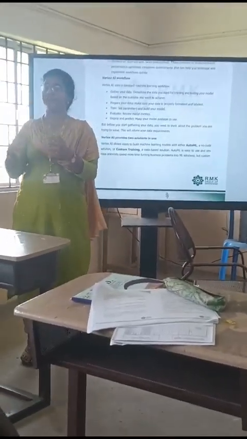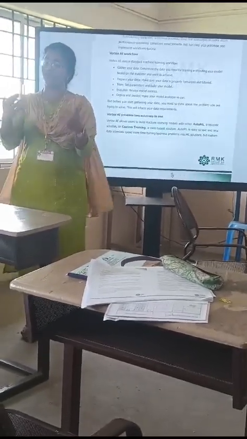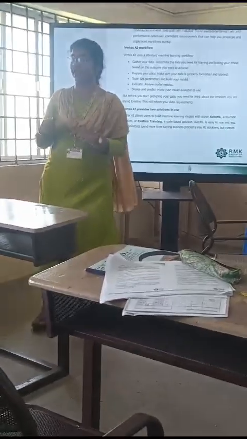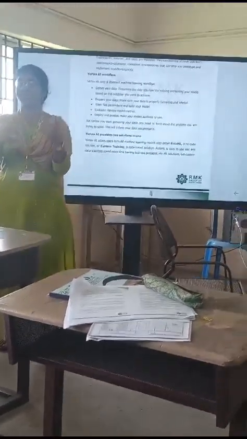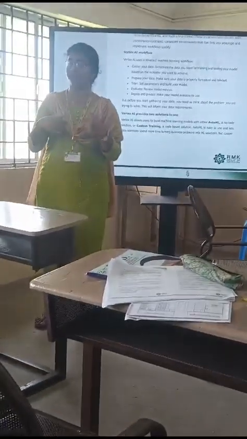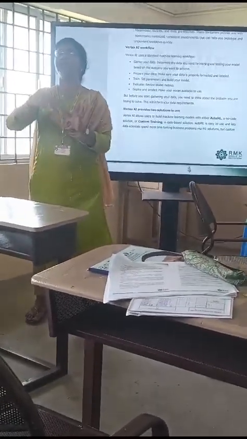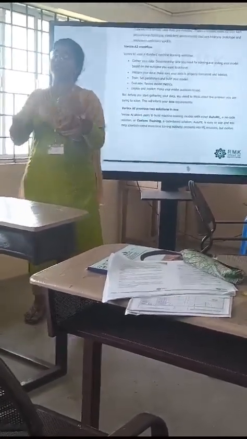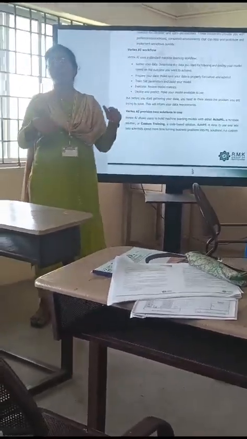Machines cannot automatically learn once we feed the data. We have to give some examples of how and what it is. Then we evaluate. Evaluation means we test whether the model has been properly trained and whether it is able to answer our queries properly. Then we deploy. Deploy means we let it go for public use. Then the public will be able to use it, and we can provide updates on a regular basis.